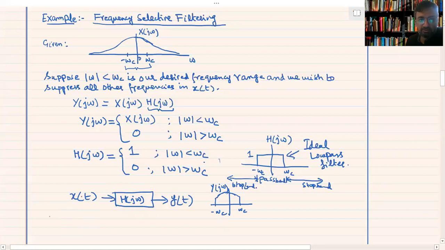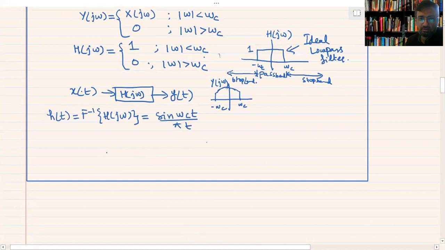And the impulse response h(t) of this filter is the Fourier inverse of H(jω), and we know that it is sin(ω_c t) divided by πt. The impulse response looks something like this. h(t) is the impulse response of an ideal low-pass filter.